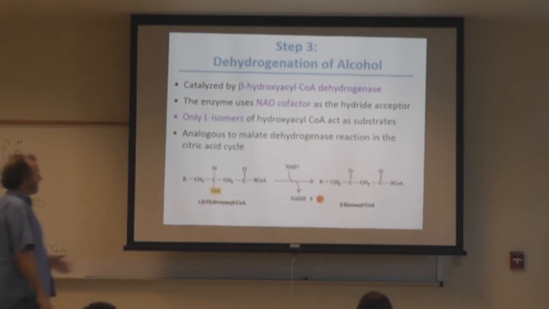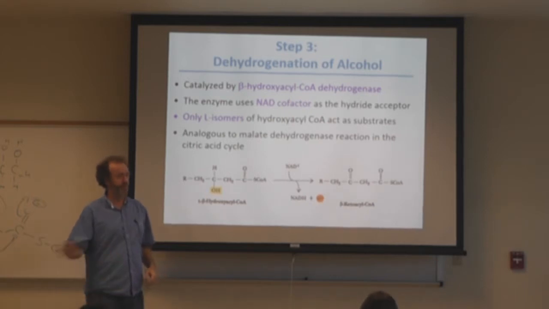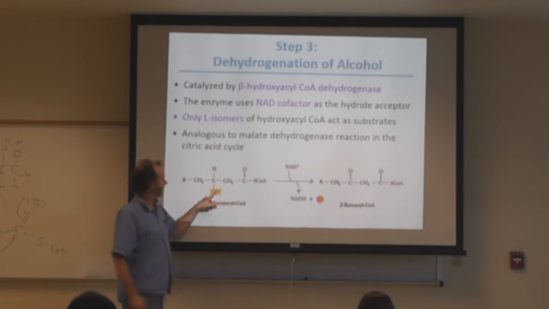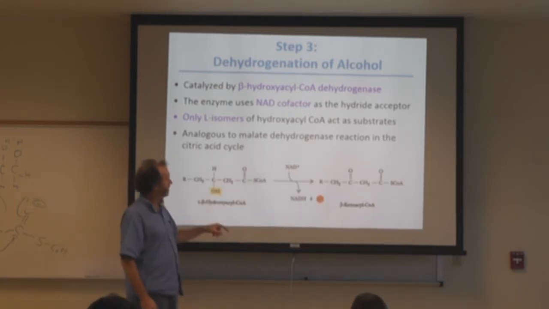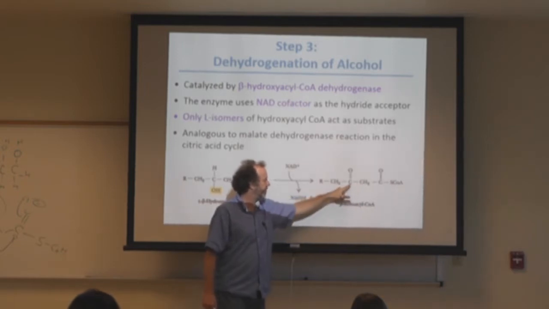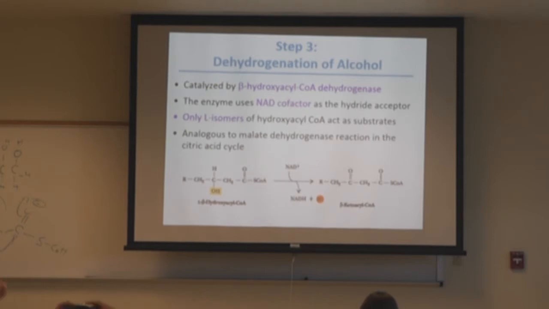It uses NAD as a cofactor, and basically we just pick off the hydrogen again with the NAD. The electrons here in the alcohol will drop back down, and then you'll form a beta ketone. So your alpha and then beta ketone. Beta-ketoacyl-CoA.